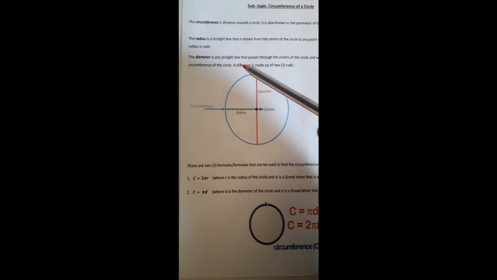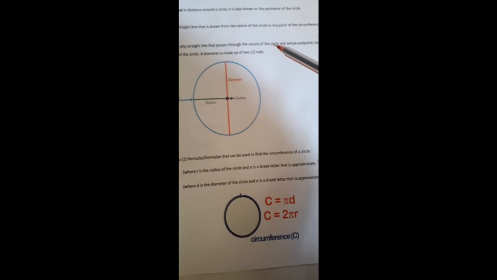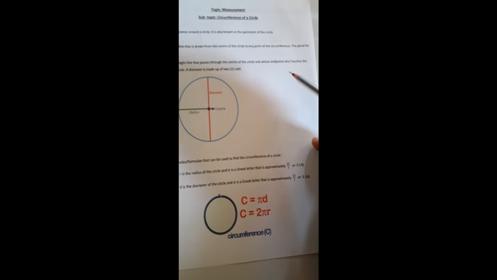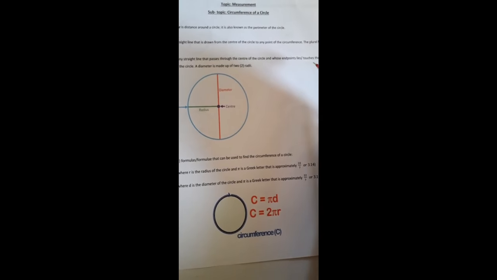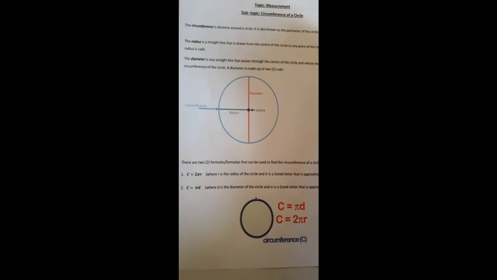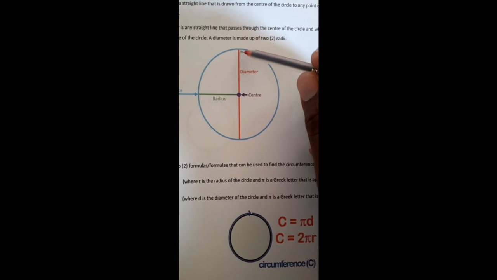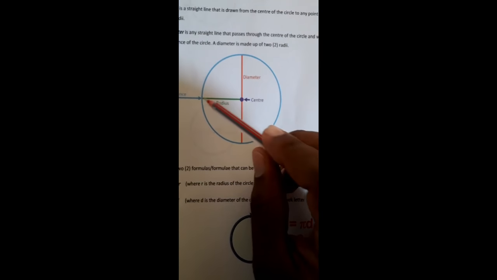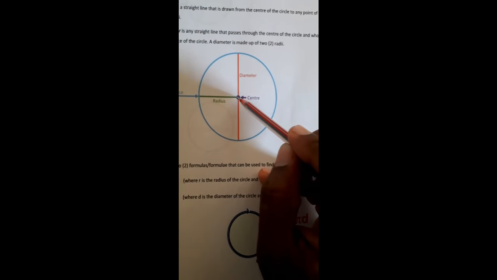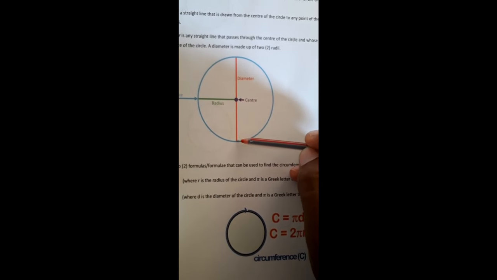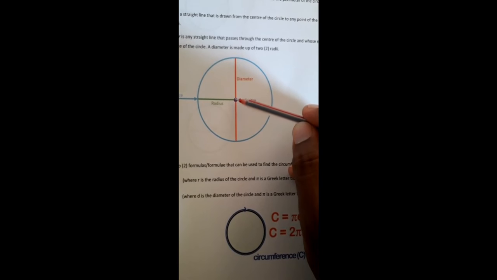Good. The next term we look at is diameter. Diameter is any straight line that passes through the center of the circle and whose endpoints lie on or touch the circumference of the circle. So a diameter is this line. We understand that the radius is drawn from the center to the circumference. The diameter is drawn from one point of the circumference straight through the center to another point.